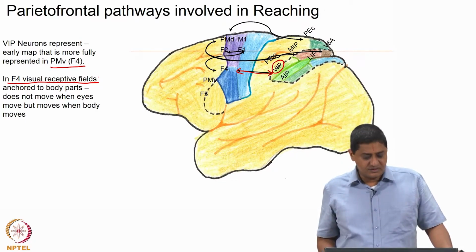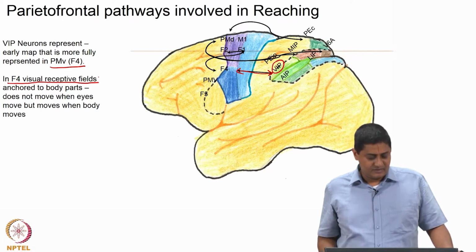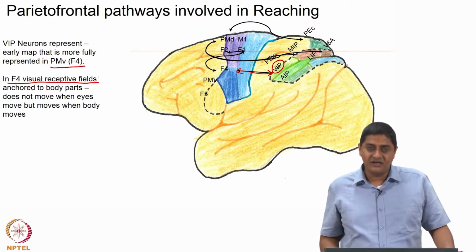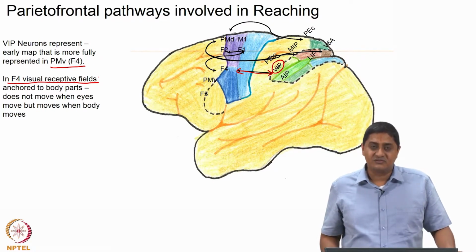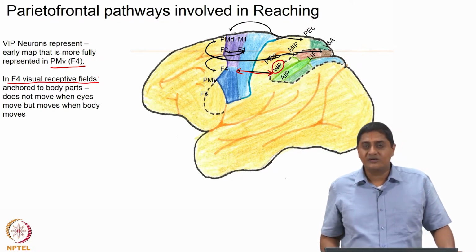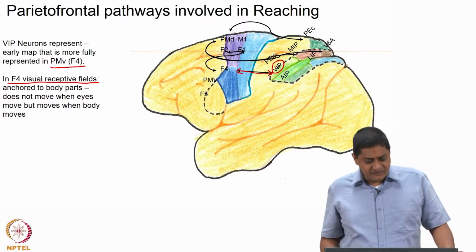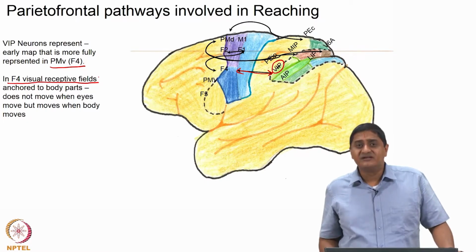It turns out that when the eyes are making a movement, but not the body parts, this set of neurons is not active, but they are active when a specific region of the body is actually moving. So, these are more related to motor function. They have visual receptive fields, however, they are more active during actions of specific regions of the body.